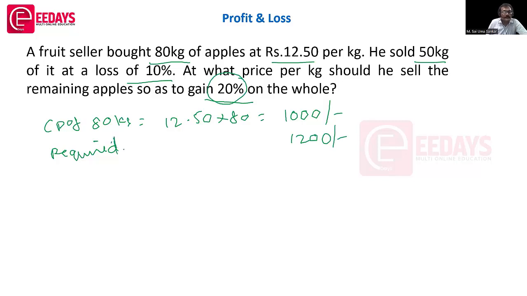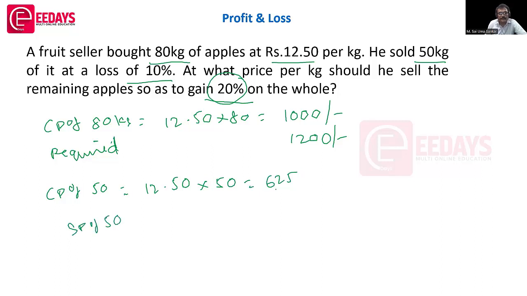Okay. Now, first 50 kgs. CP of 50 kgs is equal to 12 rupees 50 paise into 50. That is equal to 625. SP of 50 kgs is equal to? Here we have 10% loss. 10% loss means 62 rupees 50 paise.